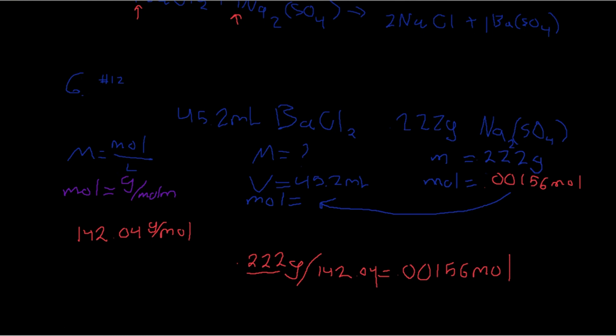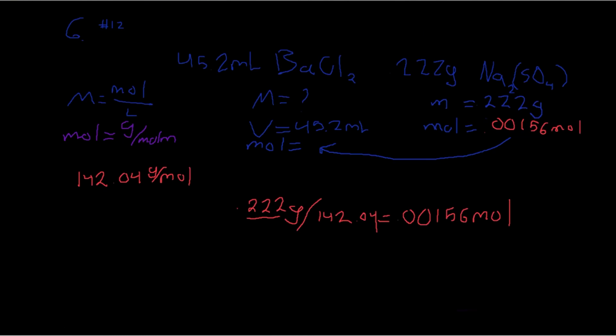Yeah, we'll do green. So now, to solve for the molarity, all we got to do is take our formula over here. So molarity, which is what we're trying to find, is moles per liter.